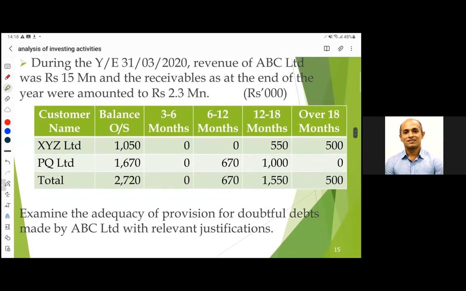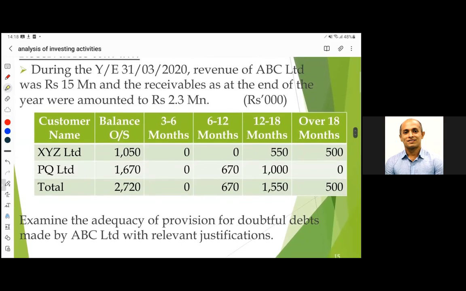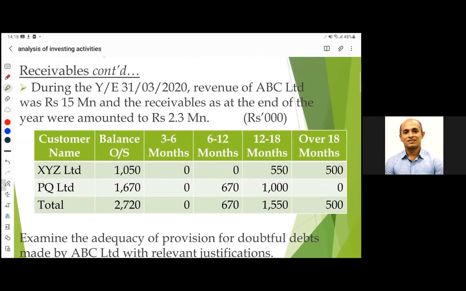Now, this is very important. This is called age analysis of receivables. You can write this down: age analysis of receivables of your company.